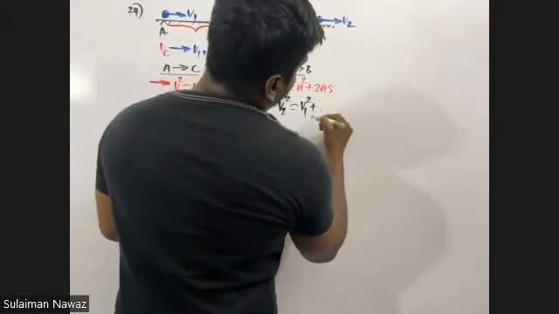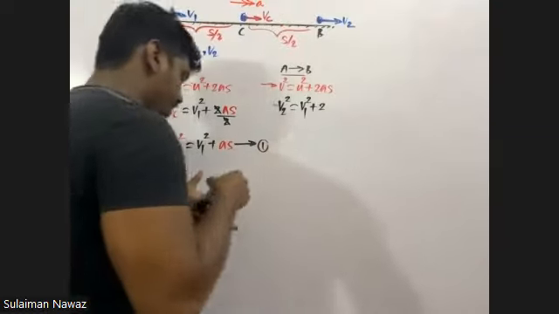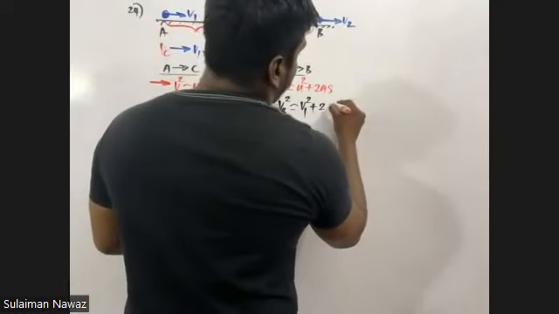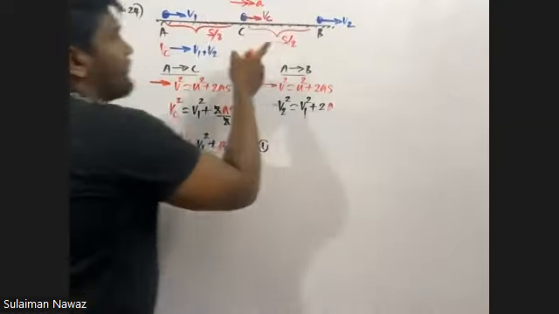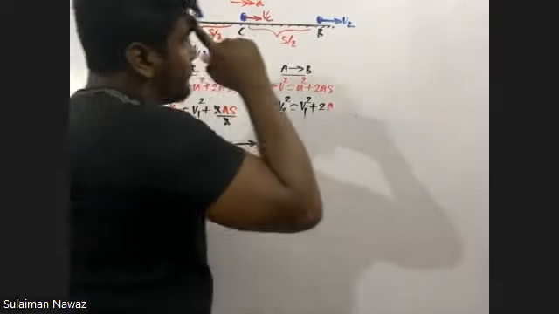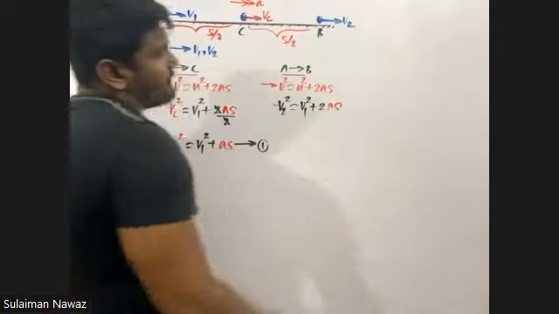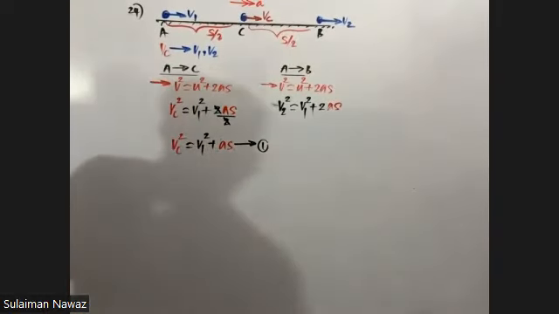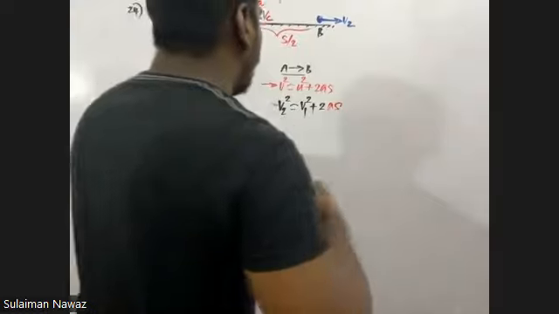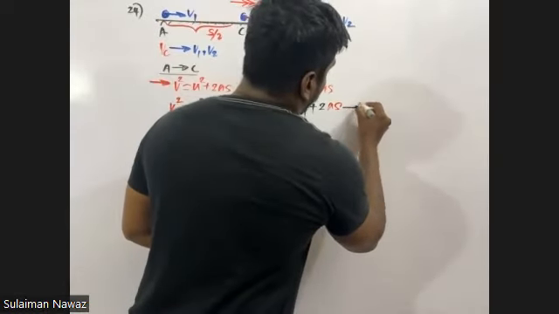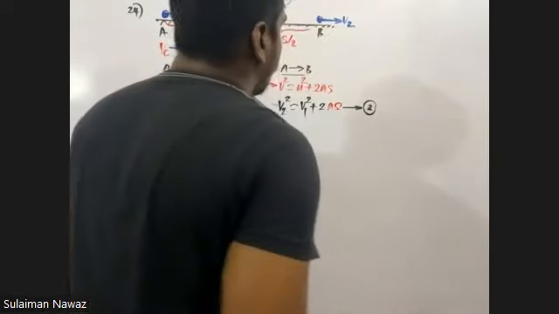V1 squared plus 2, acceleration is A. Total displacement from A to B is S over 2 plus S over 2, which means S. Right? Okay, this is our equation 2. Now very easy.